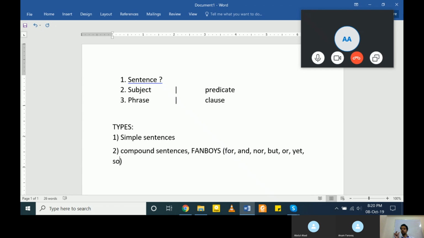Now these are the coordinating conjunctions. Whenever two independent clauses are joined together by inserting one of these, then we will get what? A compound sentence. Is that clear?